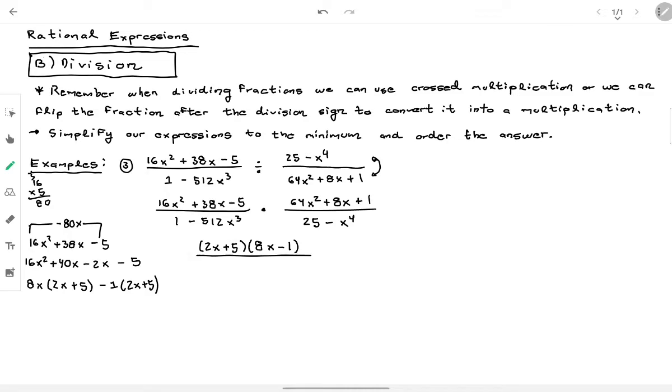The one that it's on the bottom, it's a difference of cubes. So it's going to be 1 minus 8x that multiplies, and it's going to be, remember, if the ones we have a positive and a negative, all of them will be positive.